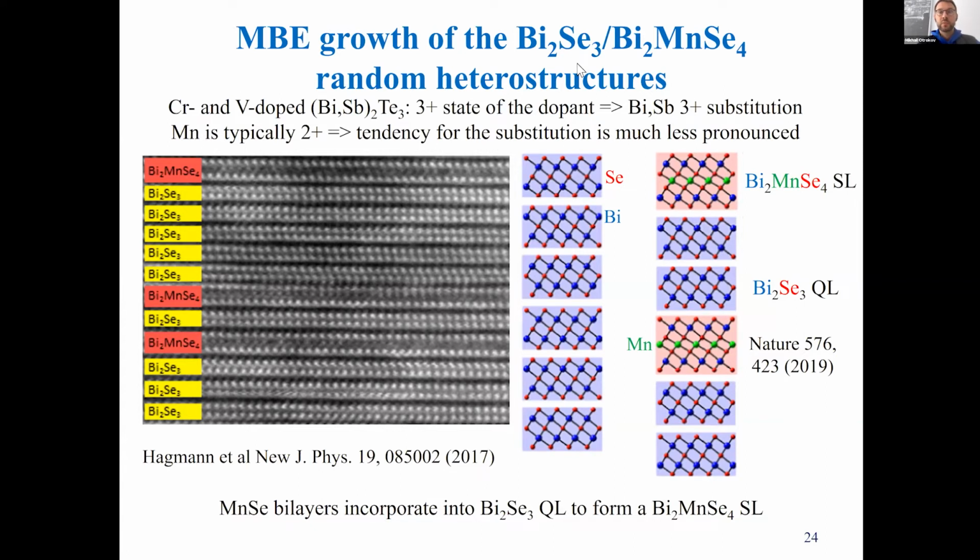If you put a single triple layer of this material, it is also a layered van der Waals material, but since the systems are different, the magnetic extension effect does not take place. So the topological surface state hardly penetrates there. If you are interested, the reference is Petrov 2019 JETP Letters.